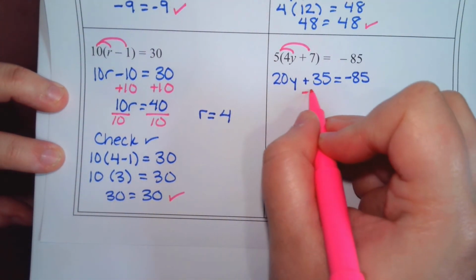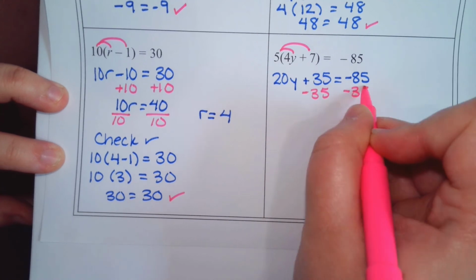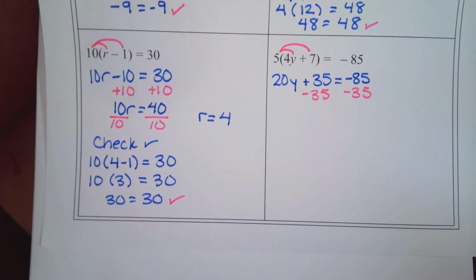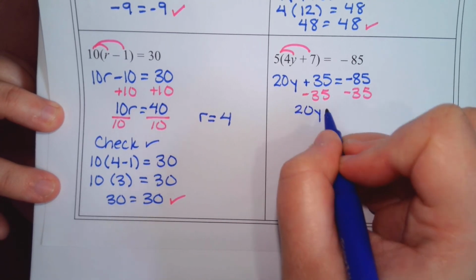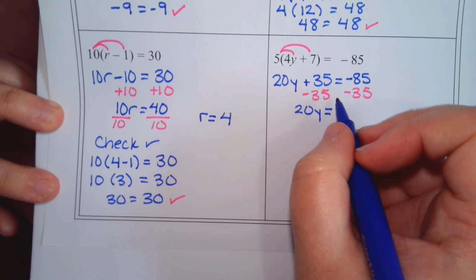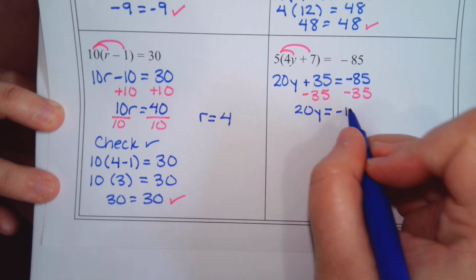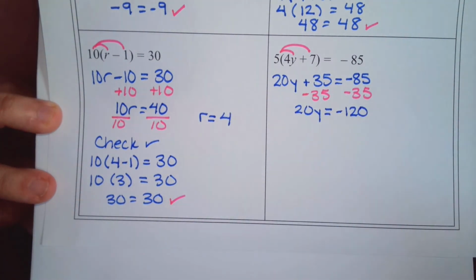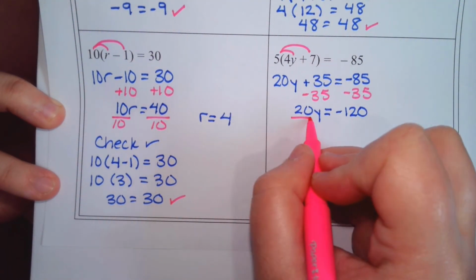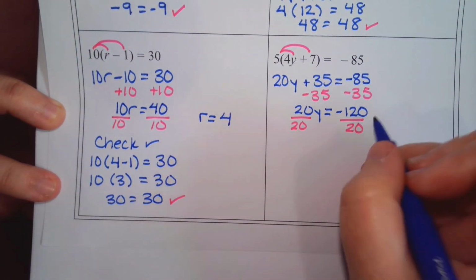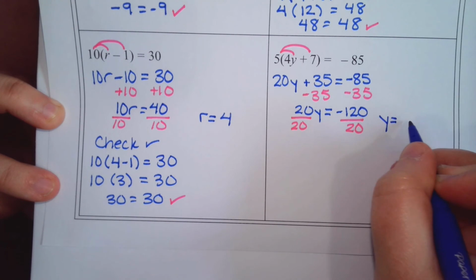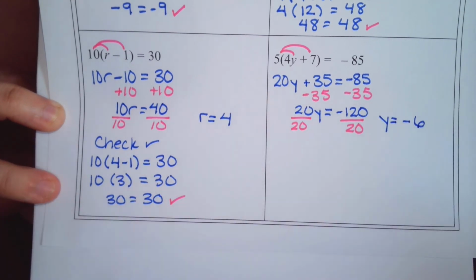Next, subtract 35 from both sides, and we get 20y is equal to negative 120. The final step, divide by 20, and we get y is equal to negative 6.